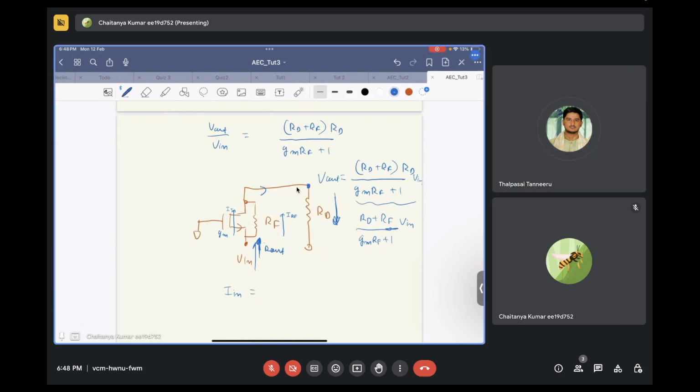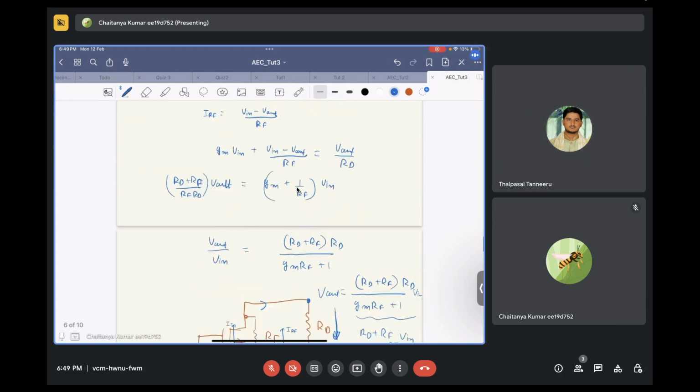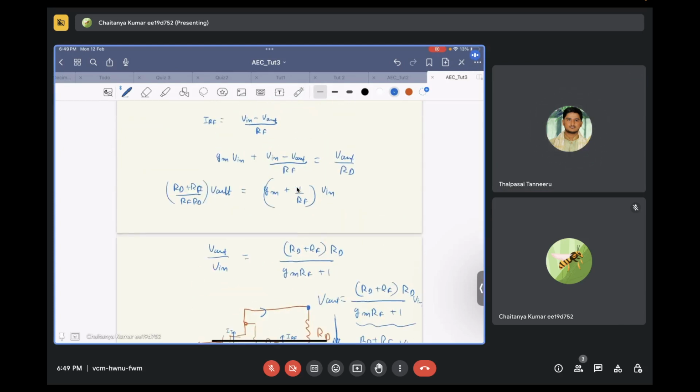what is it? RT plus RF. Wait, it seems a little off over here. There is some glitch in the formula. RD will come over here, right?